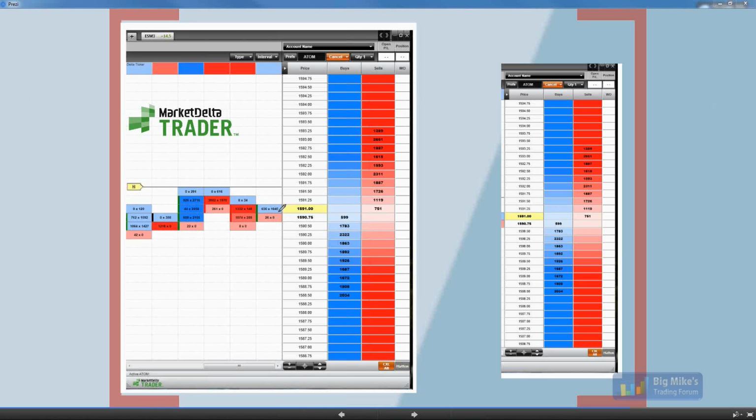If I took the footprint and divided it down the middle, aggressive buyers are on the right, aggressive sellers are on the left. Same thing with this box. You're not only able to keep track of what's going on right now, but you're able to look back. This is, I think, a 2-minute footprint bar chart. Every 2 minutes a new bar forms, obviously, and you're able to look back to see, well, where did they come in aggressively selling it?